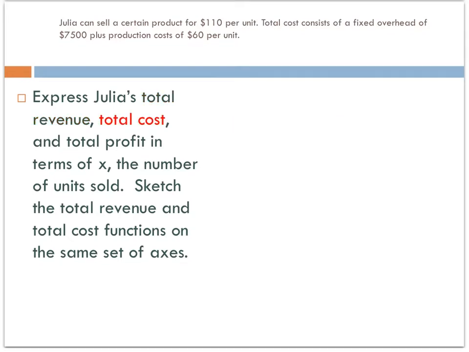Our next task is to determine the total cost function. How much does it cost her just to be in business? Often that's the hardest part of being in business, is the cost of being in business. Well, let's let our cost function be represented by C. C of X, the cost in being in business to produce X of our widgets. Well, to be in business, to open up, to turn the lights on, it costs us $7,500 just to come in every day.